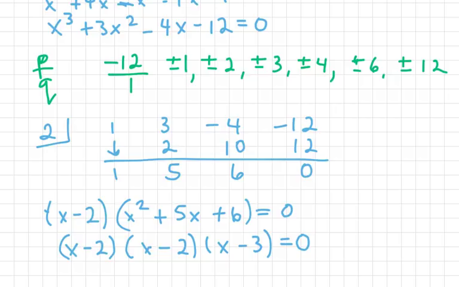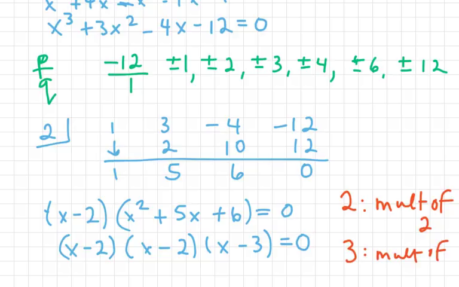So we do have 2 as a solution and 3 as a solution. So our solutions are 2 with a multiplicity of 2 and 3 with a multiplicity of 1.